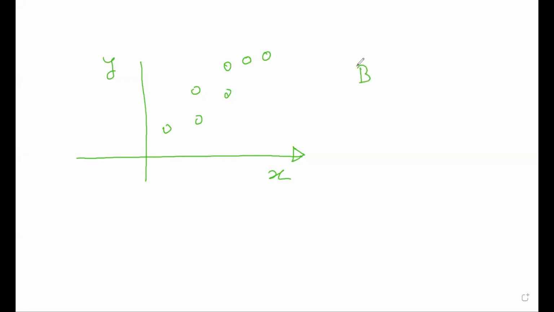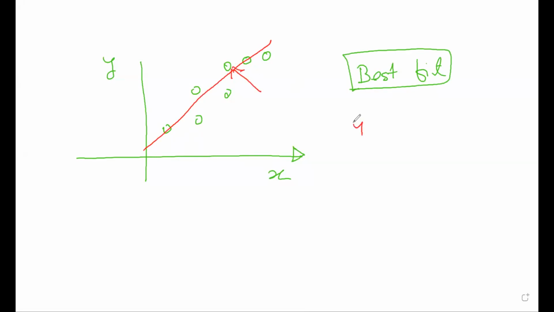Now we are using the term best fit. Best fit means what? How do we measure the bestness, that it will fit best? Someone can draw a line in this way, for example, and this straight line can have the equation a0 plus a1 x.